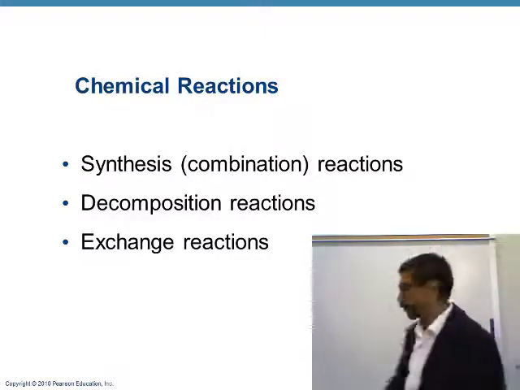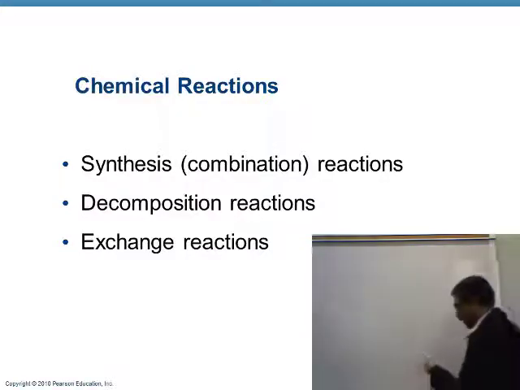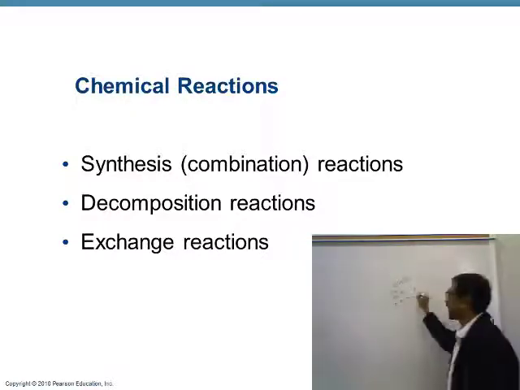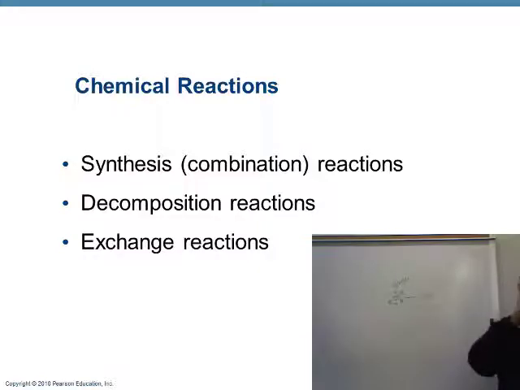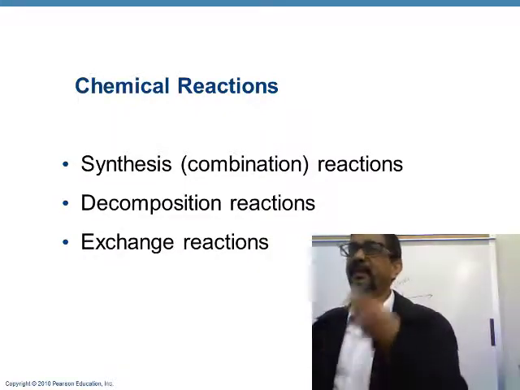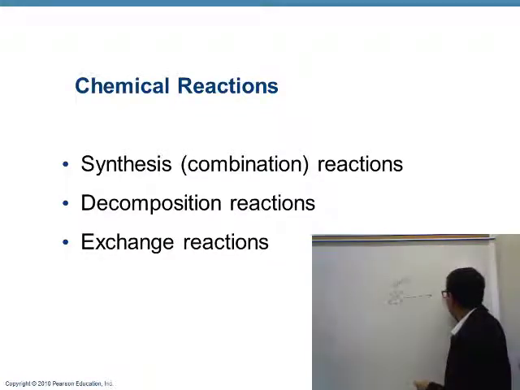For example, many synthesis reactions take place in your body. Glucose molecules. You know, glucose are very small molecules. These are glucose. If you take too much sugar or glucose, the excess amount of sugar entering our body will be converted to a larger compound.